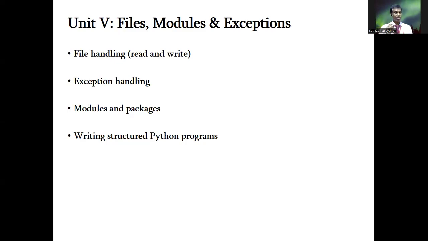Unless you write something in a file, you cannot read anything. It will be an empty file. So first of all, we are supposed to open a file, then enter the data into it, and only then is it possible to read. That comes under file handling.